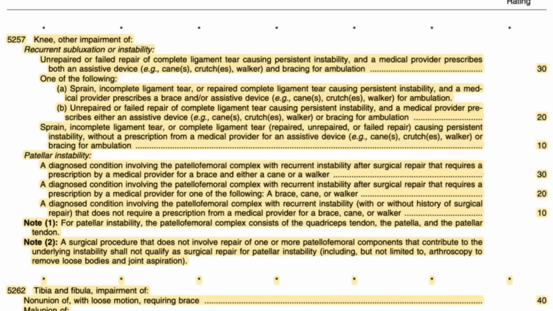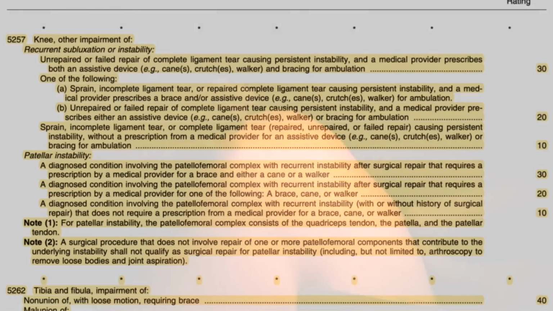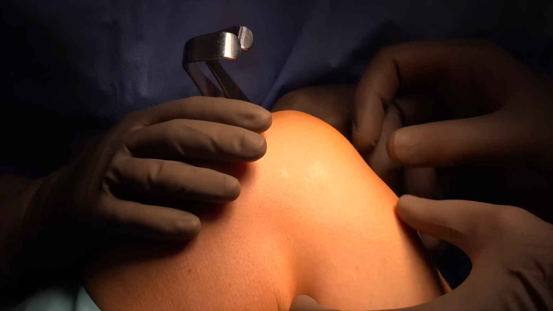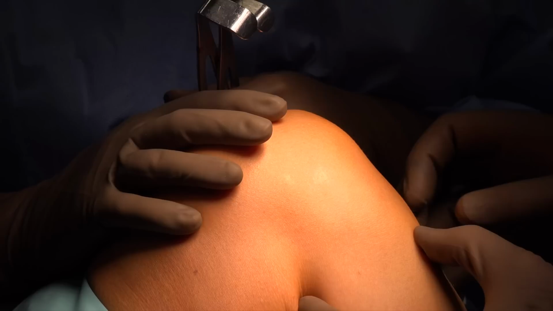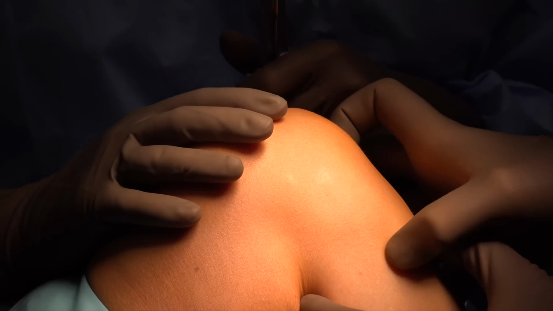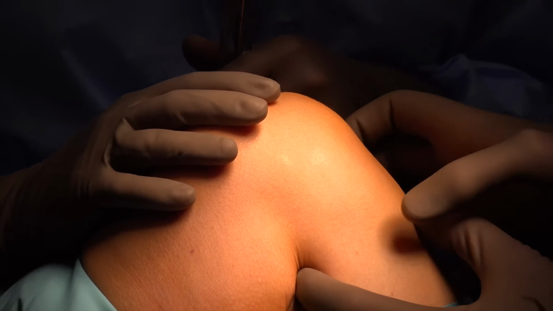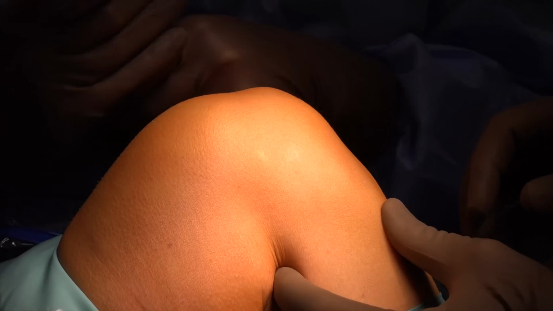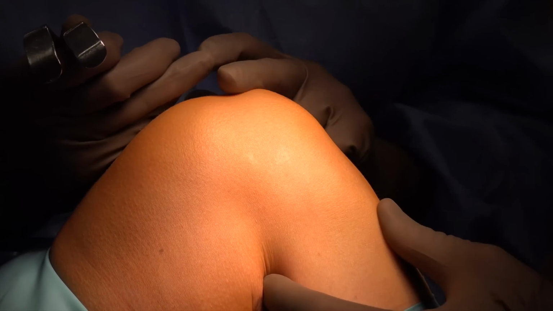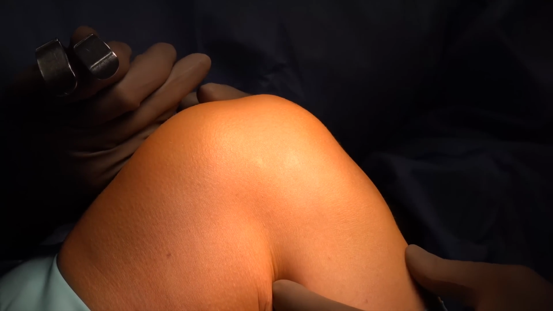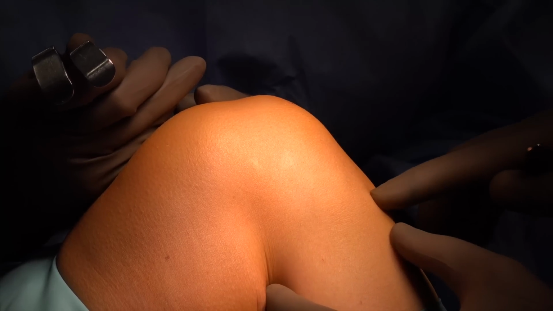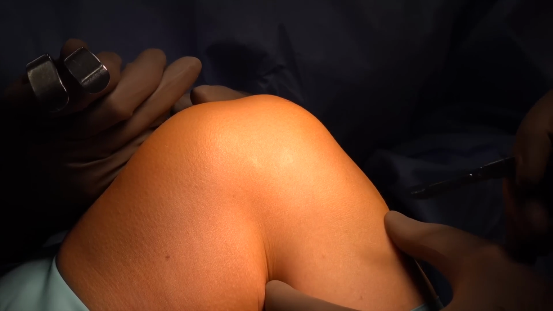So in practical terms, you can get that 10% rating pretty readily. If somebody comes to see me and they don't have anything in their medical records for a prescription for a brace or a cane, I can still advocate for them getting that 10% rating, because I can say they have a sprain, and that's an important point on that 10% rating.